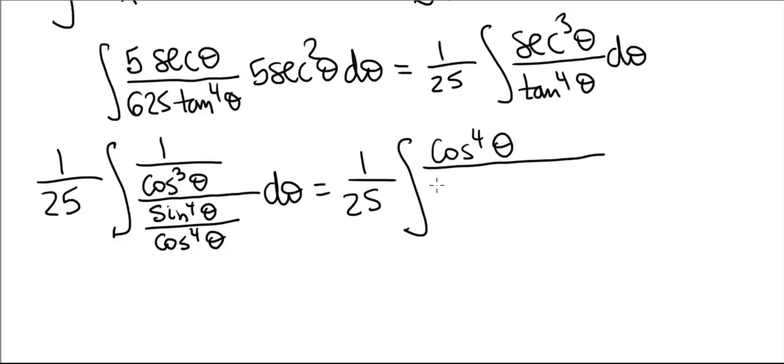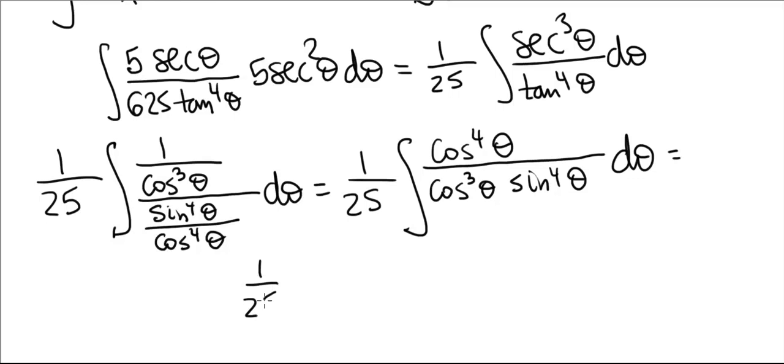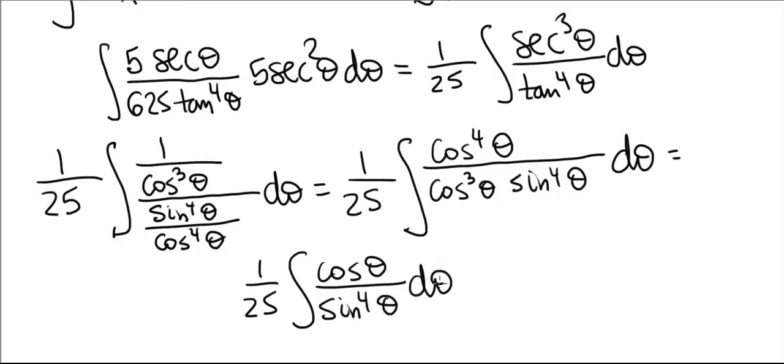In the denominator we have cosine cubed theta sine to the fourth theta d theta. So this is cosine to the fourth over cosine cubed. We end up with the following. We have cosine of theta in the numerator and sine to the fourth of theta in the denominator.